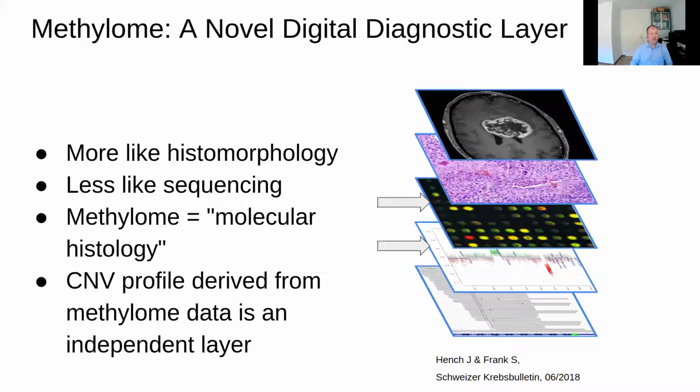Methylome, we have heard of it a bit, is a layer, and I would say it's a novel, maybe not so novel anymore, but it's a layer in diagnostic pathology that, at least for neuropathology, has now become standard repertoire. And in fact, if you look at neuropathology or pathology in general, you have these layers.